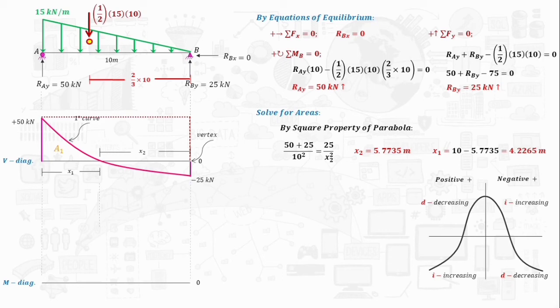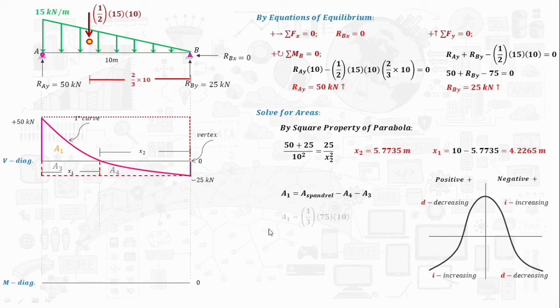So, extend tayo ng line dyan. So, this would be our area 3, and ito naman yung magiging area 4 natin. Therefore, area 1 is equal to the area of the spandrel minus area 4 minus area 3.